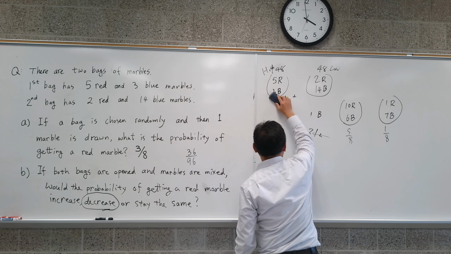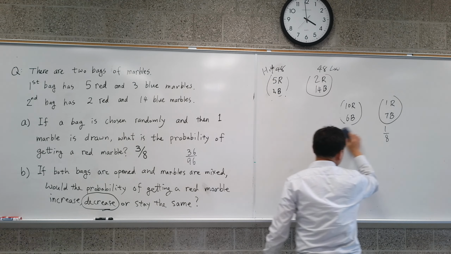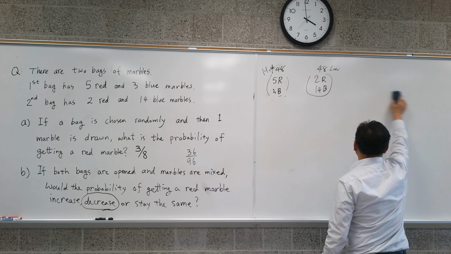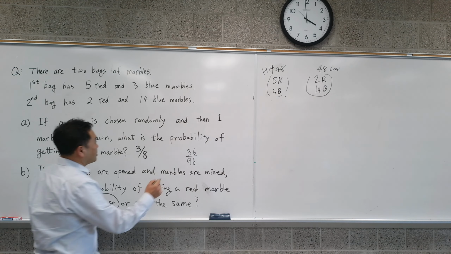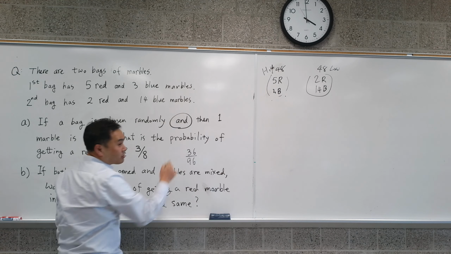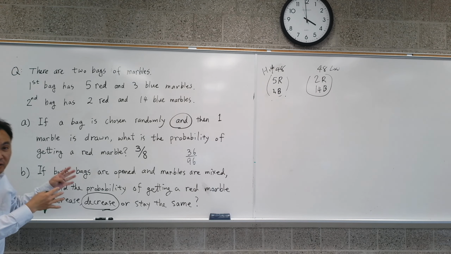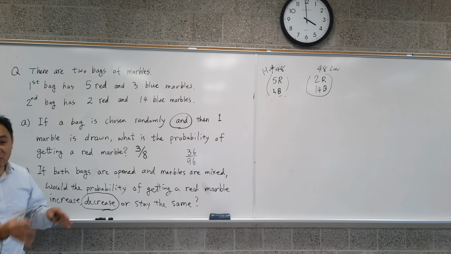But we need to approach this more systematically. Hopefully that analysis taught you what's going on. The way you calculate probability is there are stages. If you do something and then do something, then the probabilities multiply.